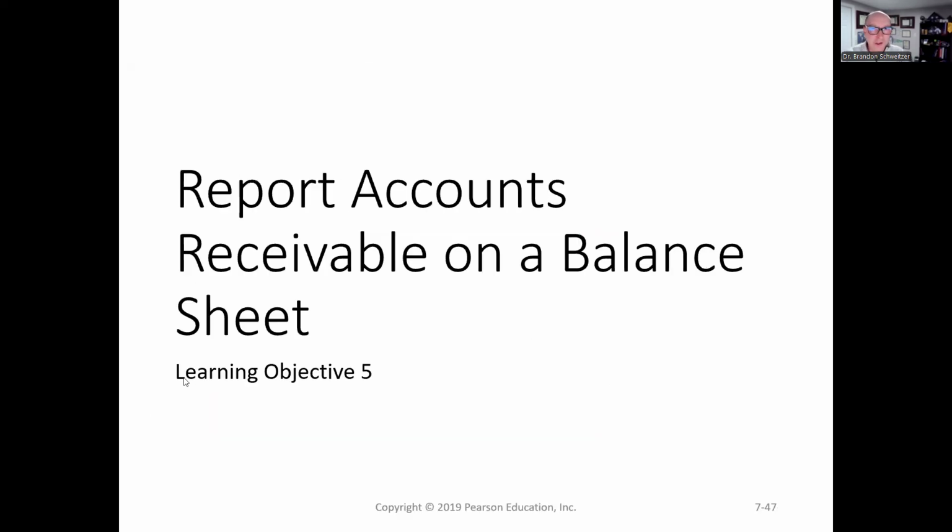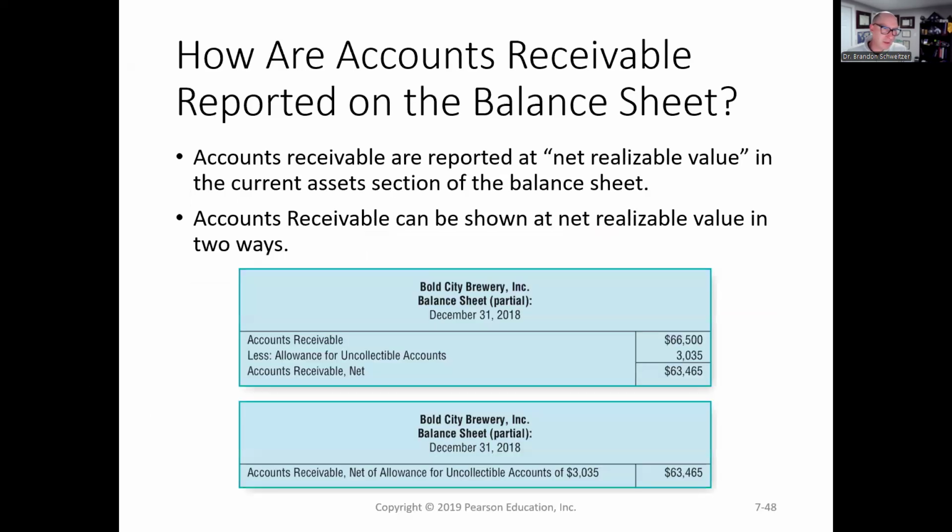So the next thing I would like to show you are your accounts receivable on the balance sheet and how these are represented. So looking at our accounts receivable, very simple. As you know, it's usually the second item that shows up on our balance sheet because they're liquid. They're just not as liquid as cash is, of course.